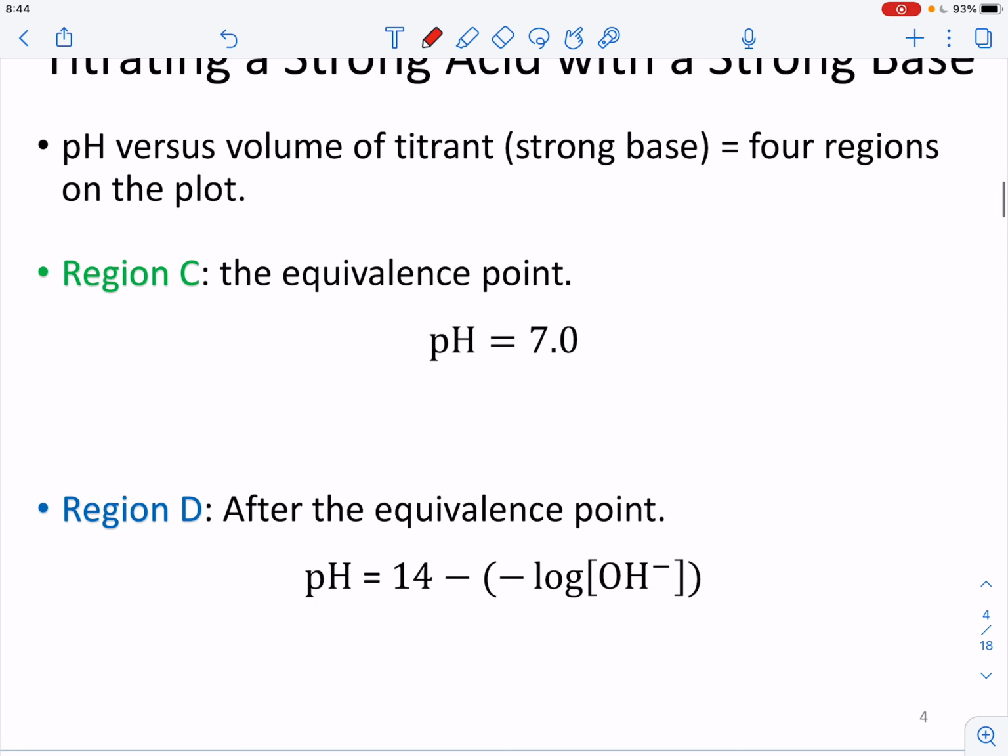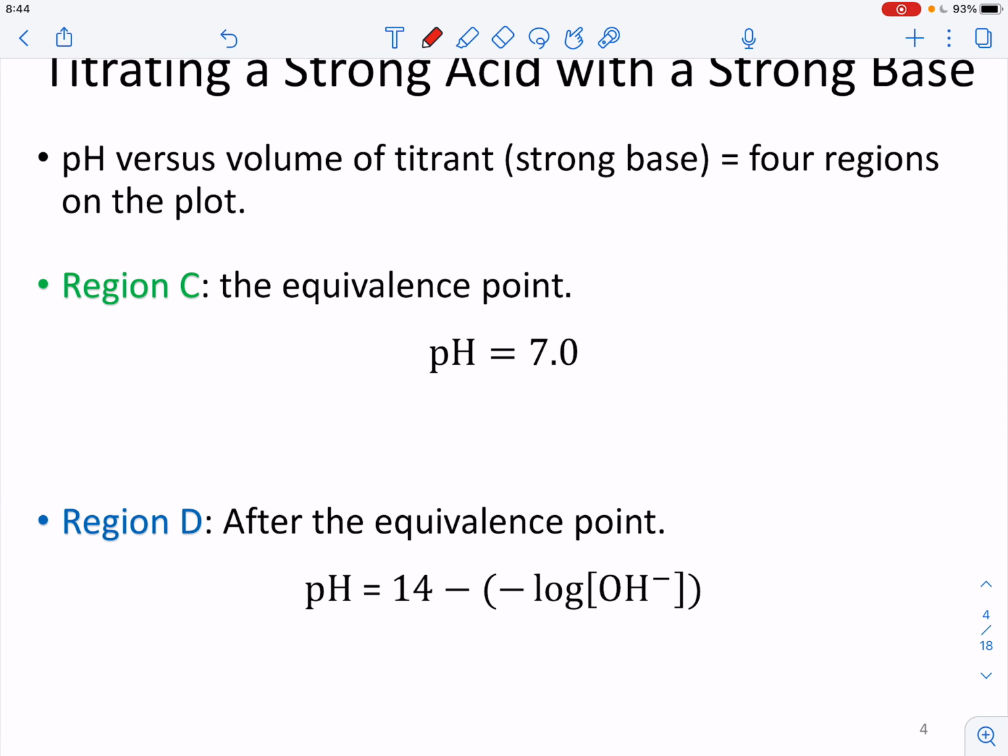The third region, region C, is the equivalence point. At the equivalence point, pretty much the concentration of H plus is equal to the concentration of OH minus. Because it's a strong acid and a strong base, there is no acid-base equilibria, so this relationship is true.